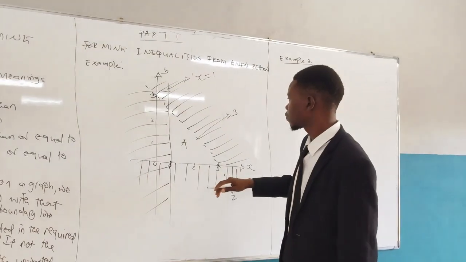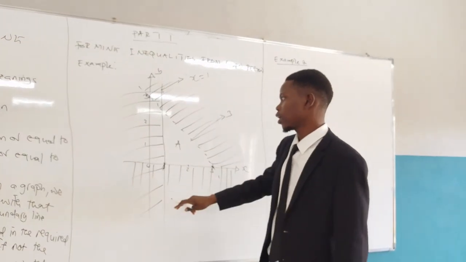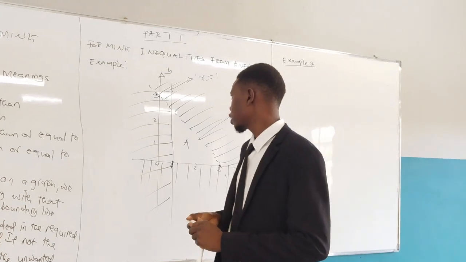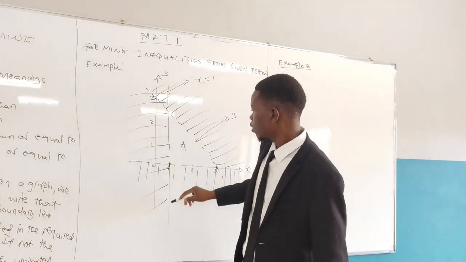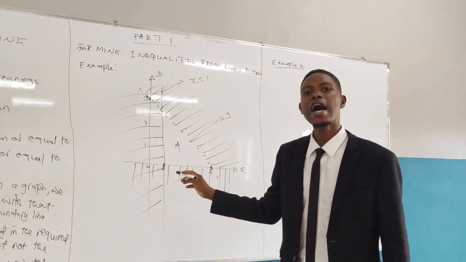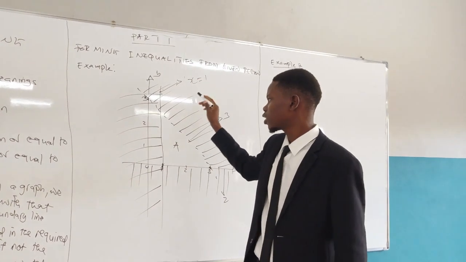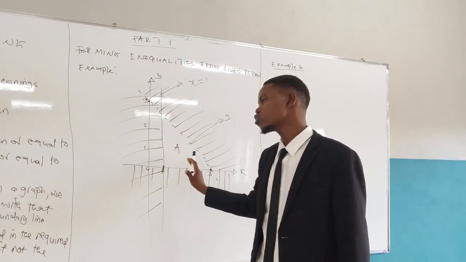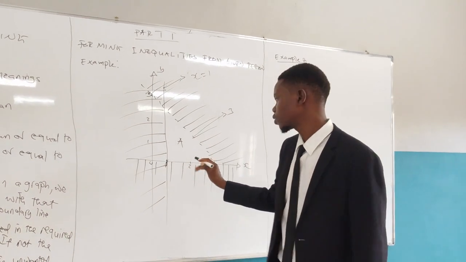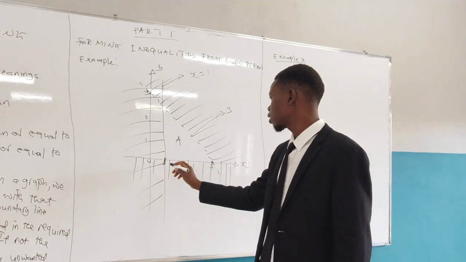Since we have come up with the equation of this line, what would be its inequality? The consideration here is that if this part is shaded, that means this part is the unwanted region. The inequality is going to talk about the wanted region, which has been left out and hasn't been shaded. So as you can see, this is 1.